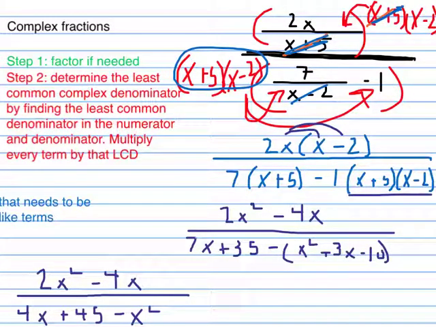I'm just going to keep that minus x squared at the end because it's a minus. And that is my final complex simplification. I really started out with a hard one right at the beginning. Let's look at maybe one more so you can see.